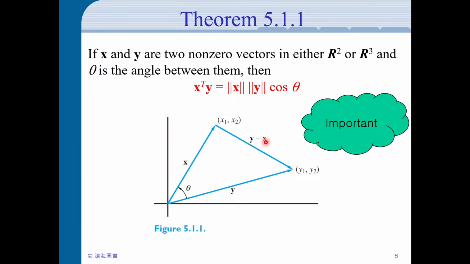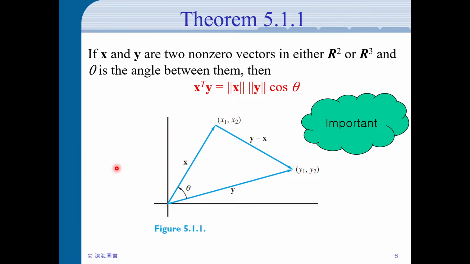Now we know this length, and finally we can calculate the angle. We will find that the inner product of x and y tells us the angle, because the inner product between x and y is the length of x times the length of y times the cosine of the angle theta.